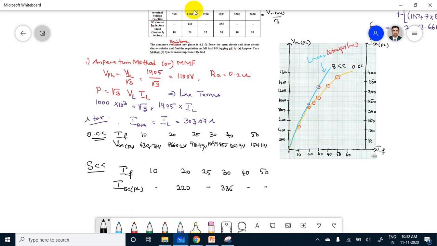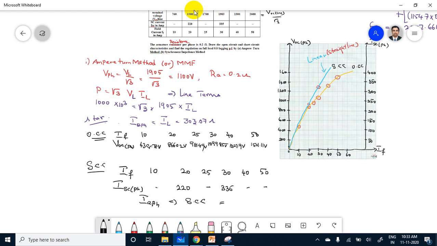Do you understand? Now by using this short circuit curve, we are going to plot the IA per phase full load point. In the short circuit curve we have to mark it.